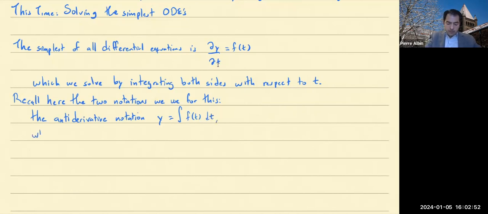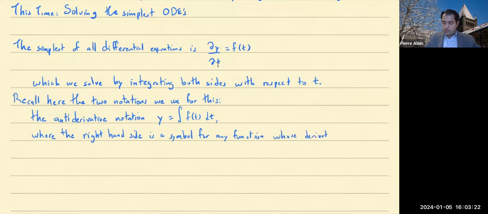And here, the right-hand side is merely a symbol that just stands for any function whose derivative is f of t.